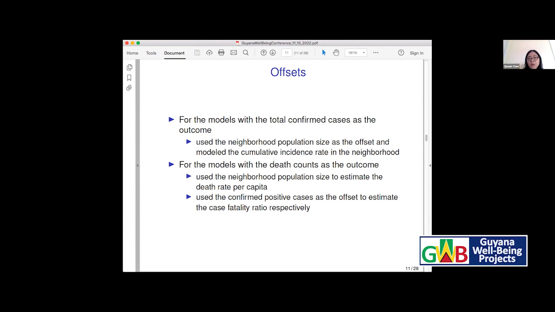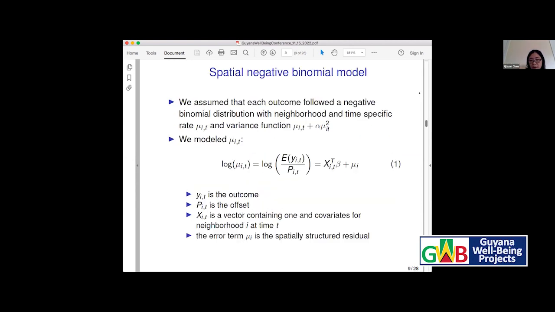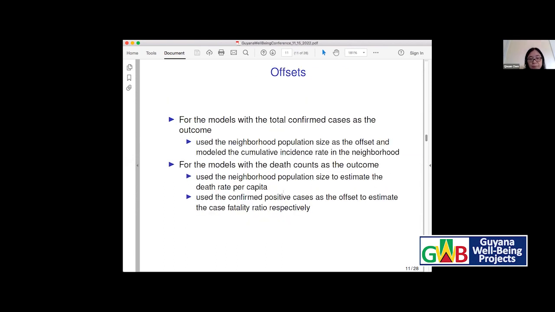But for the model with death count as the outcome, we are thinking about two different offsets. If we use the neighborhood population size as the offset, then the ratio between the count and this offset is interpreted as the death rate per capita.